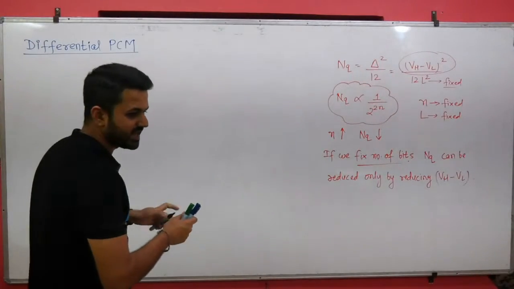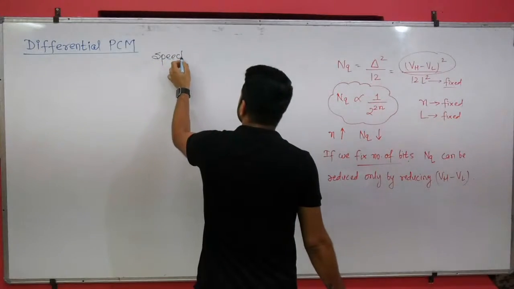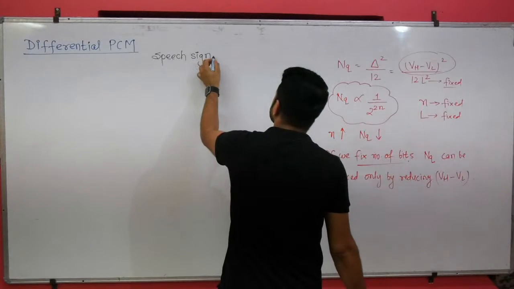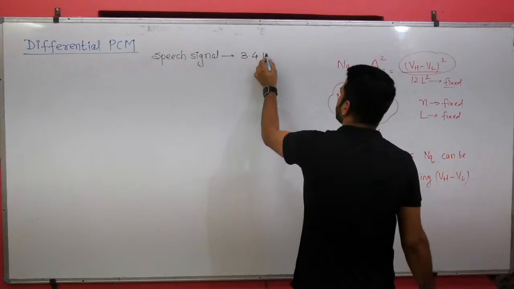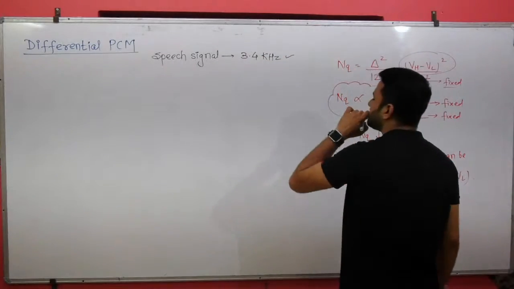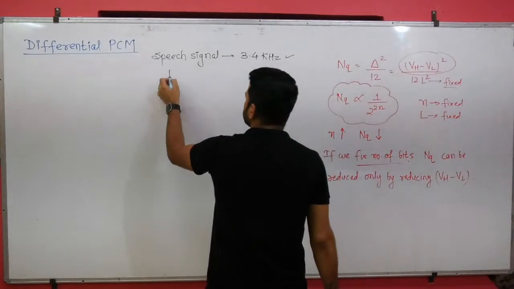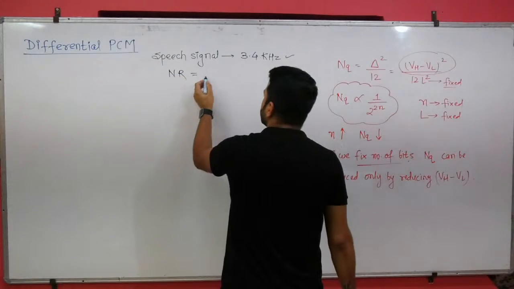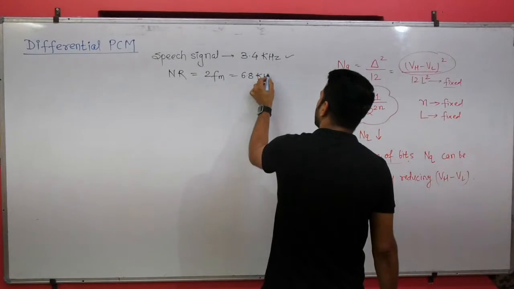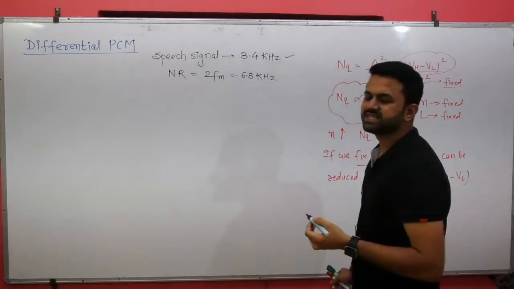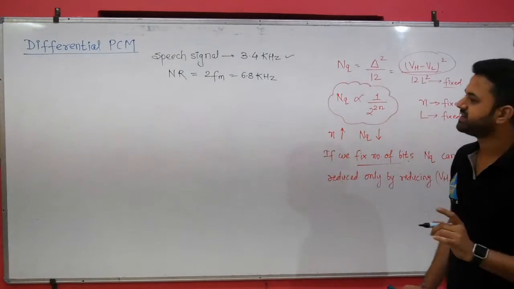So let's discuss this. We have the speech signal, which in practice has a maximum frequency of 3.4 kilohertz. According to the Nyquist criteria, the sampling frequency should be equal to 2 fm, so it should be 6.8 kilohertz, but this requires an ideal low pass filter.